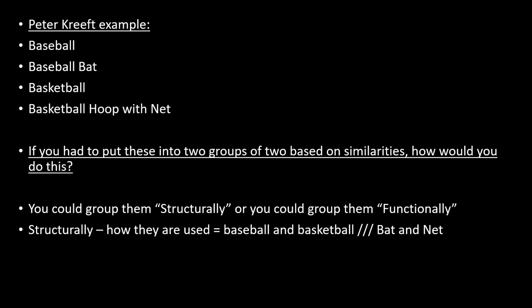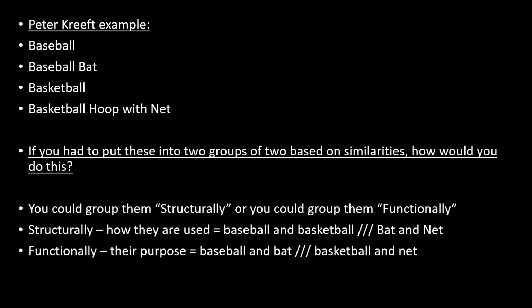And so you kind of look at just structurally, how are they made, or how are they used? And so some people may group them that way. But he says functionally, you could group them differently. Functionally looking at their purpose. What's the purpose of each of these items? And he says you could group the baseball and the baseball bat together because the purpose is to use them in the game of baseball, and the bat hits the ball, and so on.